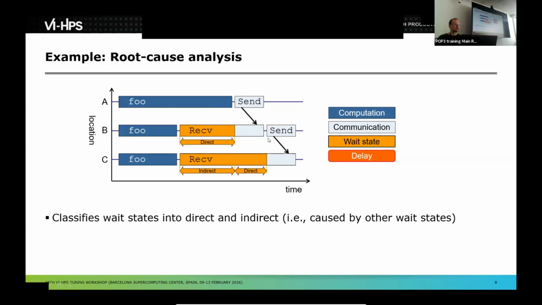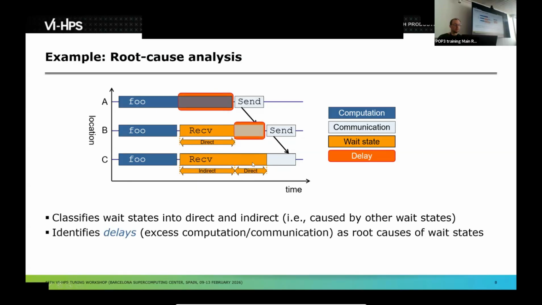But if you have a chain of sends and receives, like in this case, the second receive has a block of indirect wait time, because it's waiting on the waiting time prior in the chain, which is causing it indirectly. The remaining blocks are then considered delays, because they are just happening because other processes are causing problems.